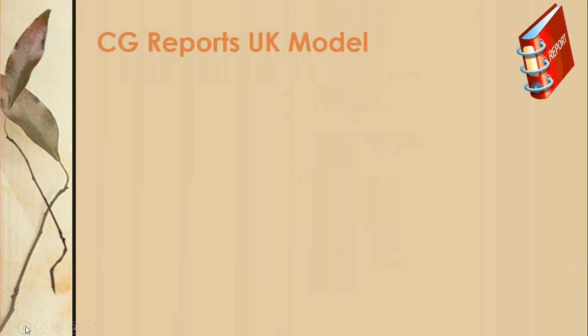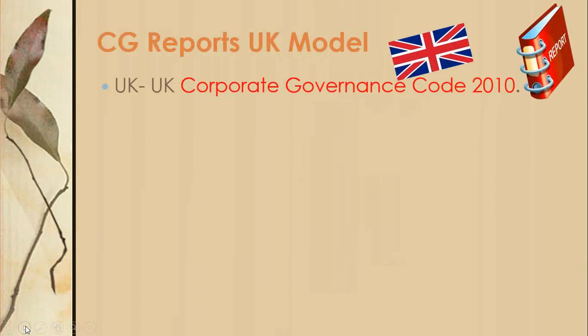We are going to look at some of these models, and deal in more detail with the UK model. The UK model was started somewhere in the 1990s, and they developed it further. Now we have the latest one, the UK Corporate Governance Code 2010.